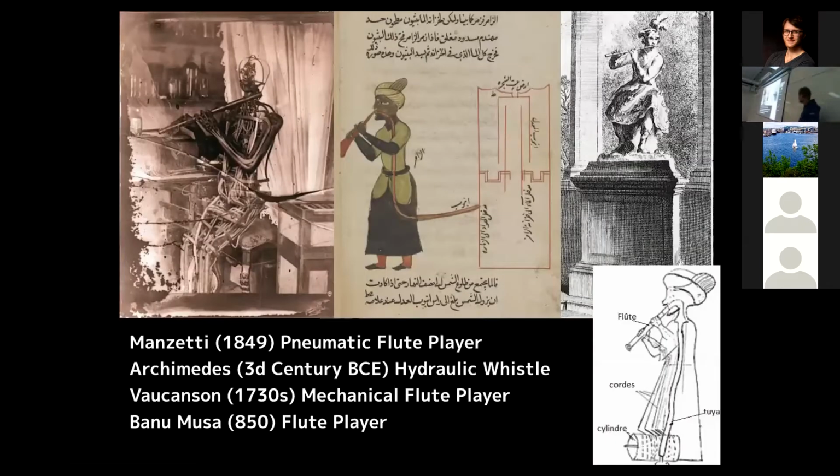And I just want to start by pointing out maybe that people have been building these humanoid musical machines for thousands of years. Okay, so this is by no means a new undertaking.